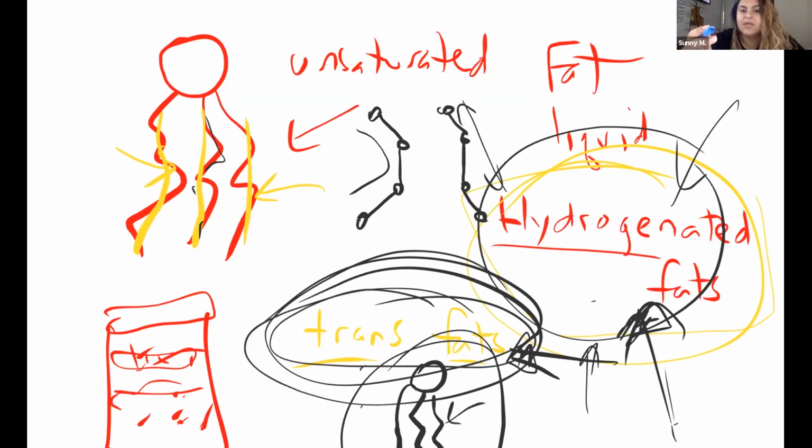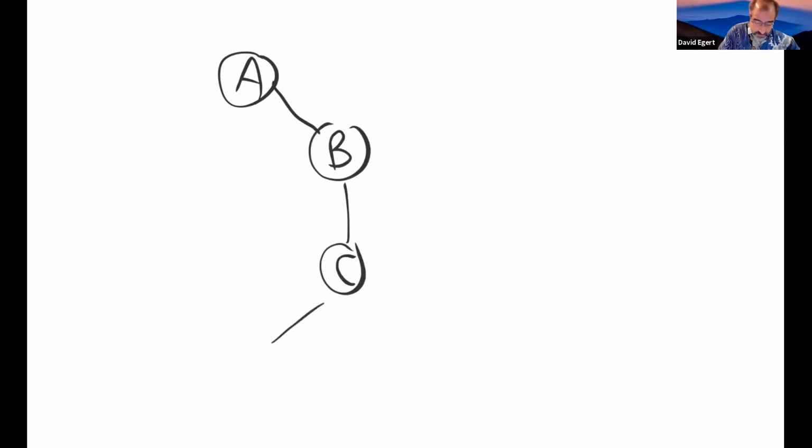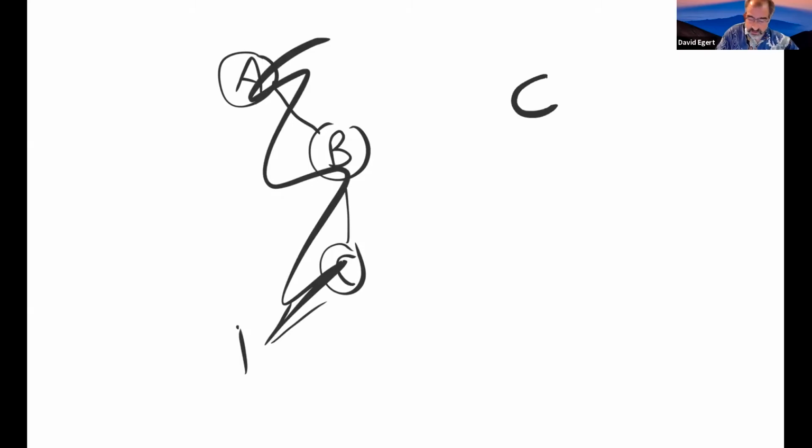Could you explain the little line, the black line that you made on top with the trans fat again? Yeah, so again, we're going to see this a bunch. If I have some molecule, let's say these are my atoms. They can just all be carbons. So I have 4 carbons in a row.